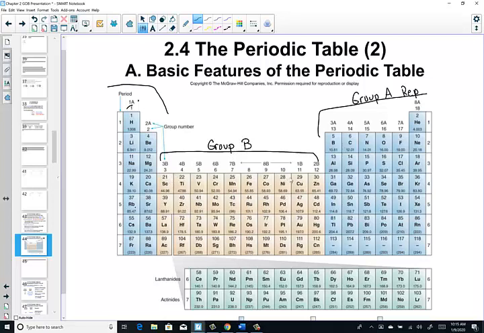There are 8 families of group B. Notice that the 8th family here has 3 columns that are part of the family called group 8B. Iron, cobalt, and nickel are all in the group 8B.